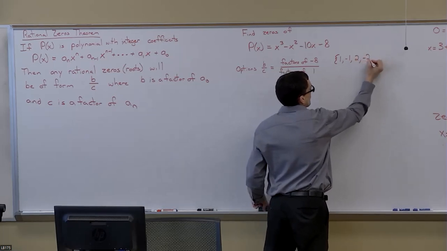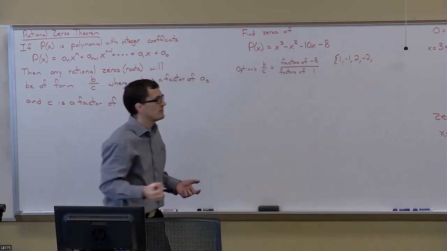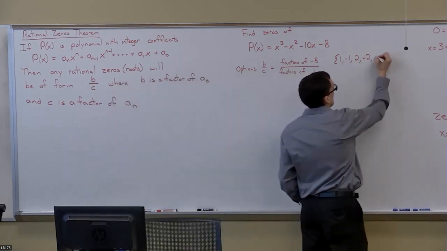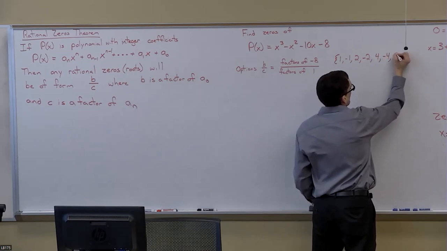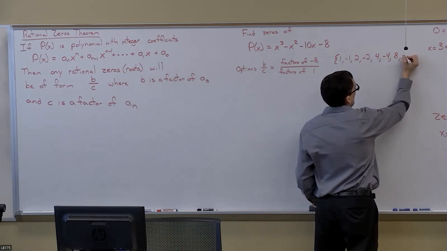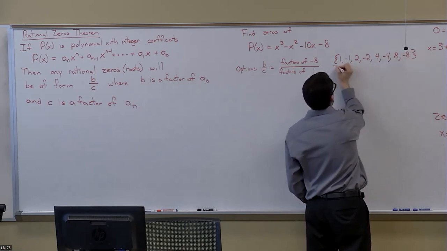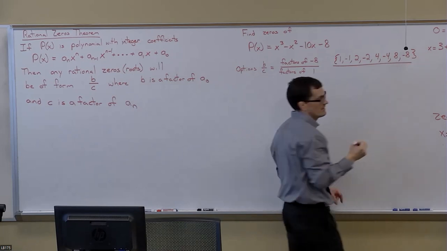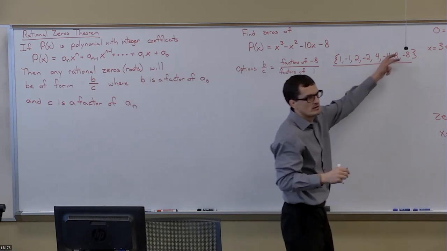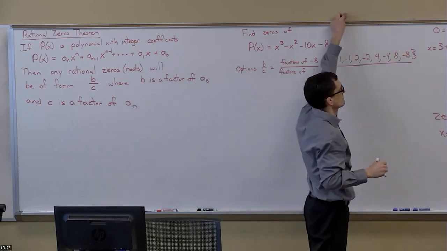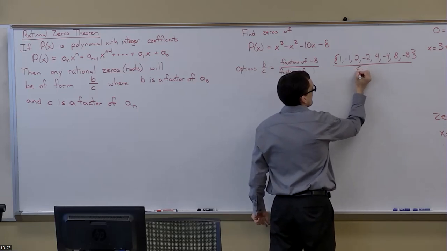Also, -2 is a factor. 4 is a factor. -4 is a factor. 8 is a factor of 8. -8 is a factor of 8. So those are all my factors of -8, excuse me. Also, they'd be all the factors of 8 too, because you can do negative numbers. And all the factors of 1 are either 1 or -1.